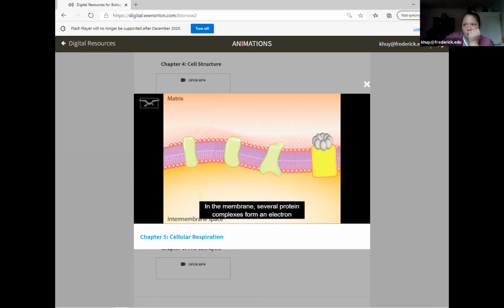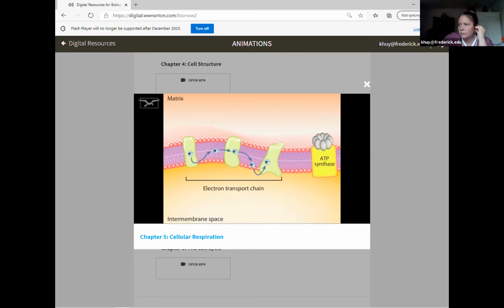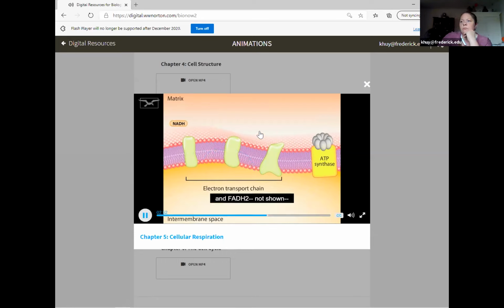In the membrane, several protein complexes form an electron transport chain, and another, ATP synthase, forms the bulk of ATP from cellular respiration. The energy carriers NADH, shown here, and FADH2, not shown, begin this final stage by donating high-energy electrons, originating from glucose, to the electron transport chain.